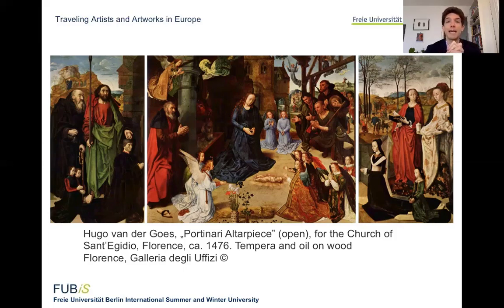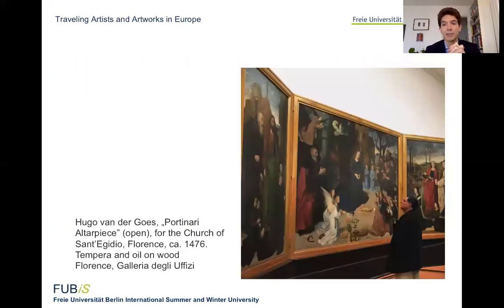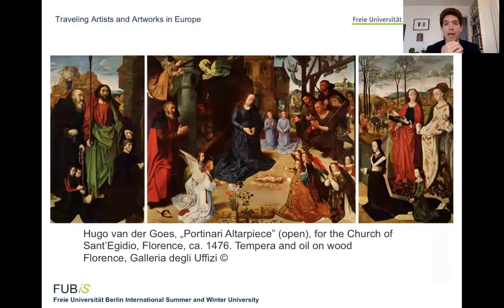So you have to imagine that this enormous altarpiece you can see here today, how it appears in the room of the Uffizi Gallery, this triptych traveled for months in the Atlantic and through the Mediterranean Sea in order to reach Florence. So this is what in my presentation at the beginning I called traveling artworks.